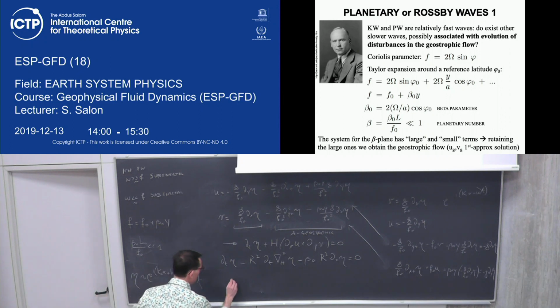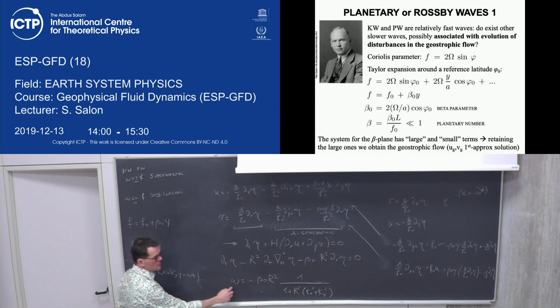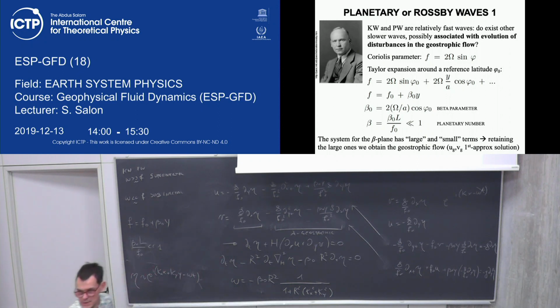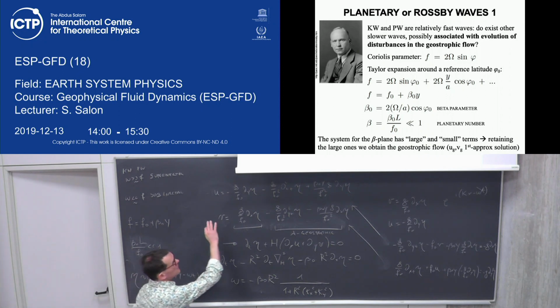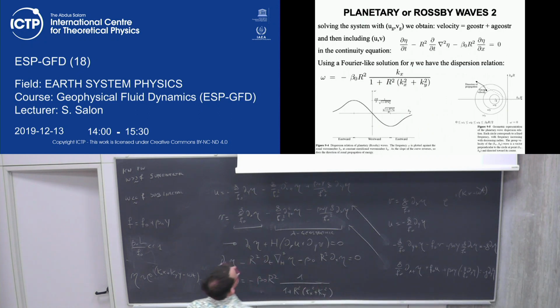And what we obtain is again an expression for omega. So it is an expression for omega which depends on the wave number. So it's again the dispersion relationship. So this actually is the most important thing. You can remember how we arrived at this expression, but this is the most important thing that we have to remember about the Rossby waves.